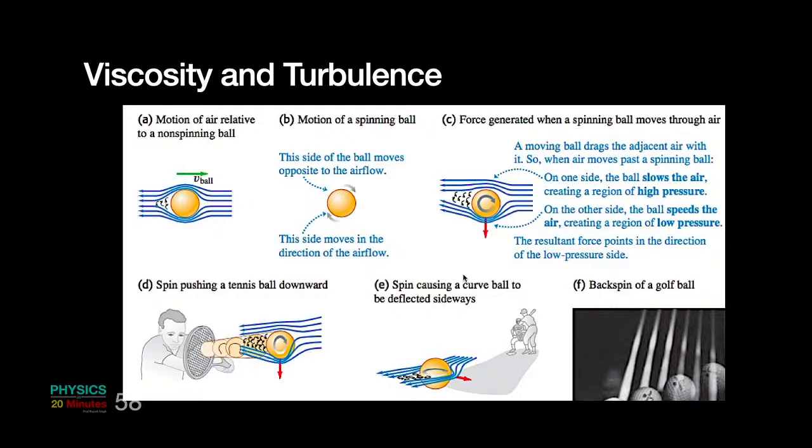On the smoother side, the velocity of air is higher, so the relative speed increases and pressure decreases. As a result, the ball will deviate from the rough side where the pressure is high to the smoother side where the pressure is low.